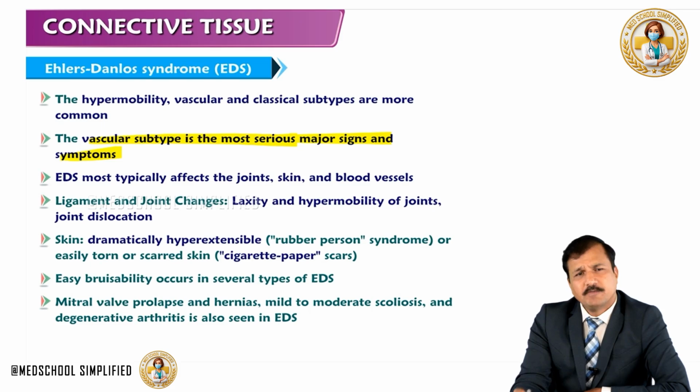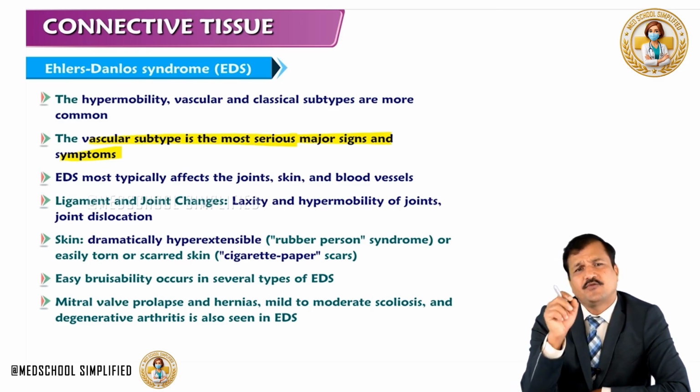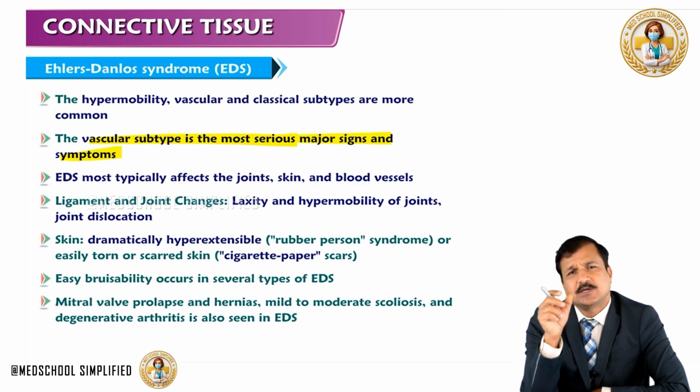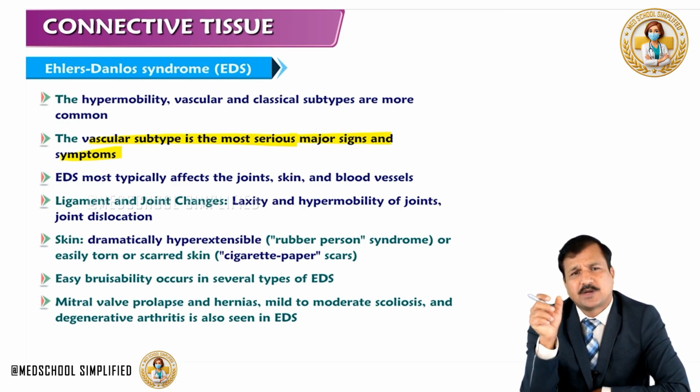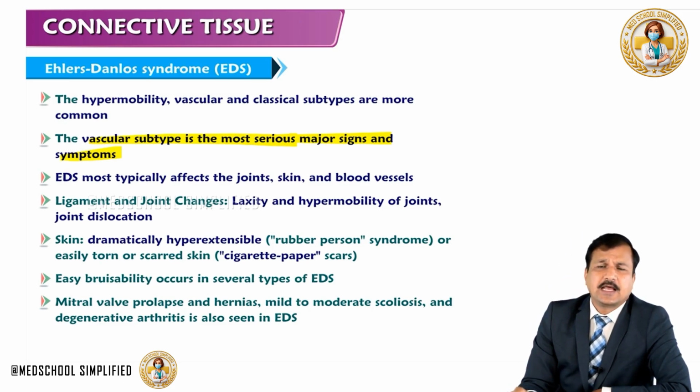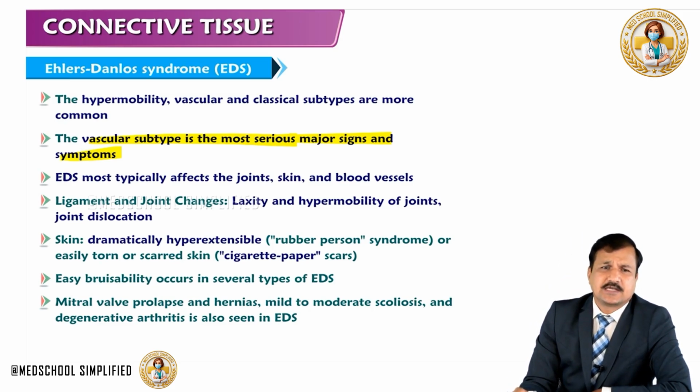Patients with kyphoscoliosis exhibit progressive curvature of the spine and a tendency for ocular rupture due to deficiency of lysyl hydroxylase enzyme.